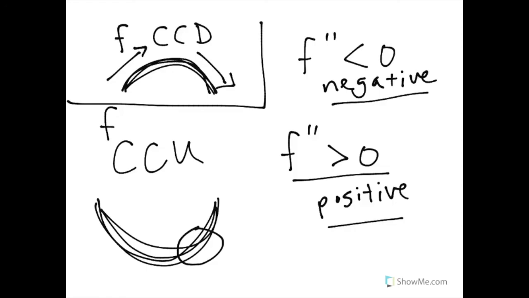For the concave up graph, there's part that is decreasing and part that is increasing. So you can't just tell whether a graph of f is increasing or decreasing by knowing whether it's concave up or concave down. That is not enough information. We need more than that. We'll see that in a couple examples in the next video, but again, we're just using f double prime here to tell us about concavity of f.